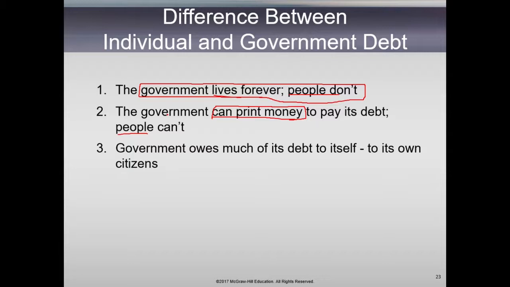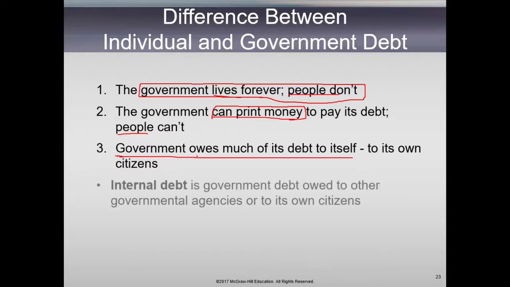From that point of view, the bigger the amount of debt that the government owes to itself or to its own citizens, the less likely it is that the debt to GDP ratio will be a problem. We'll take a look at that too in a minute.